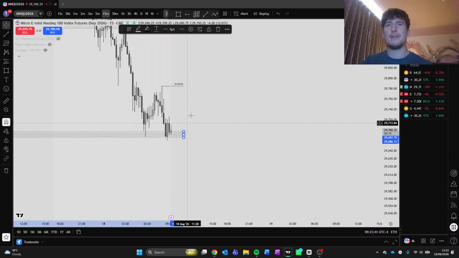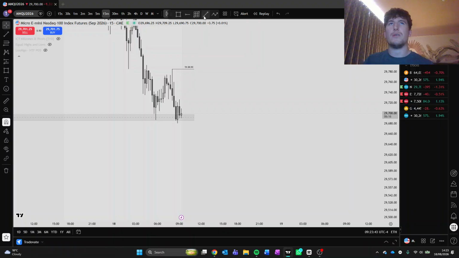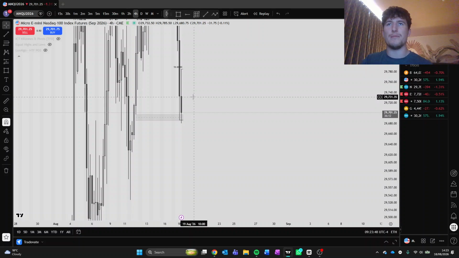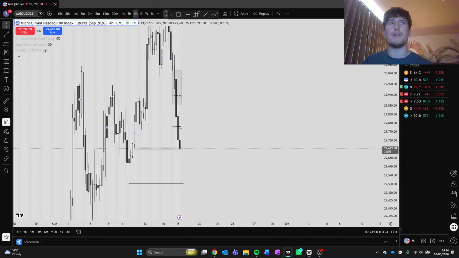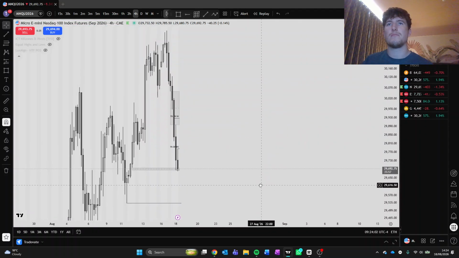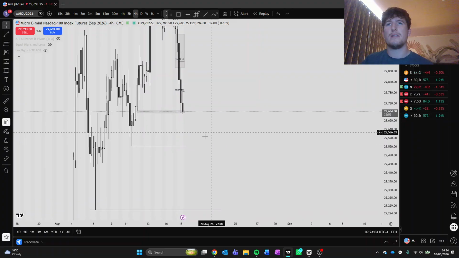But we reswept that 4 hour intermediate low now. This is the end of sell side liquidity, so I'm just going to mark that out. We are very bearish, but I could see a retrace on this in this day. Or in this session, sorry.